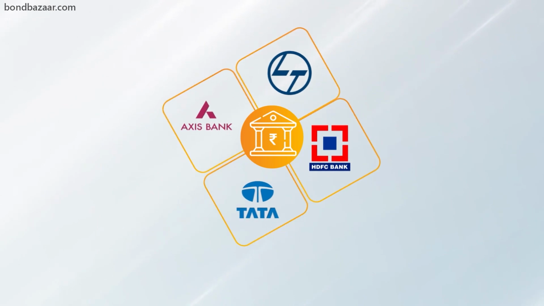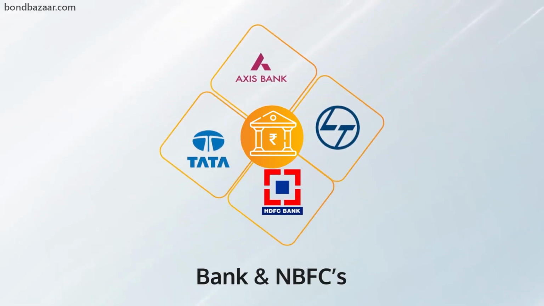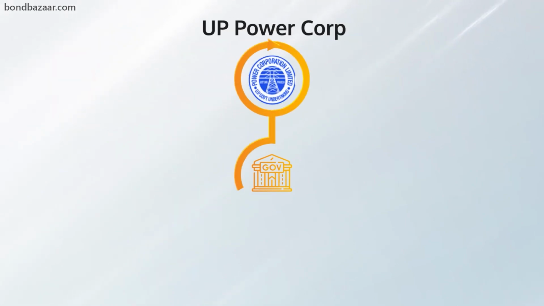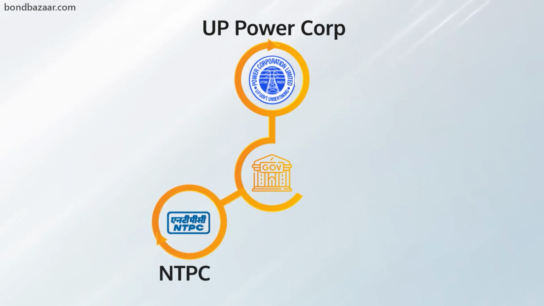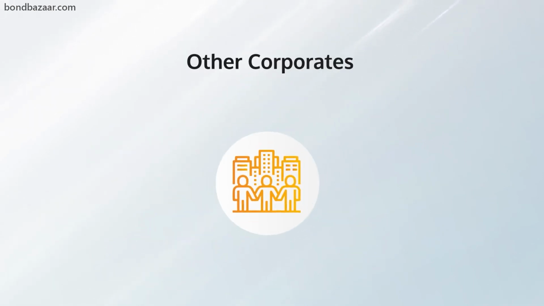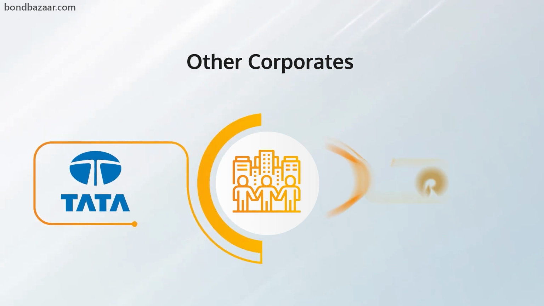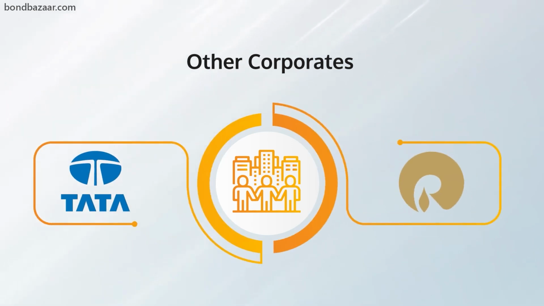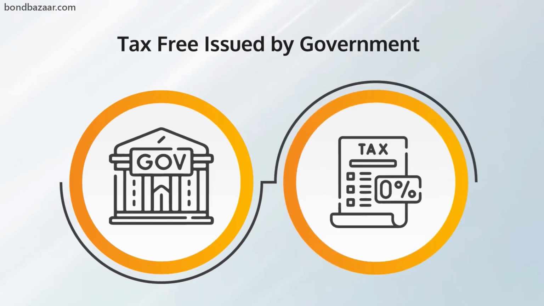These categories are as follows: banks and NBFCs, PSUs, government-owned companies like UP Power Corporation, NTPC, PGCIL, other corporates like Tata Steel, Reliance Industries, etc., and tax-free, usually issued by the PSUs where interest is tax-free.